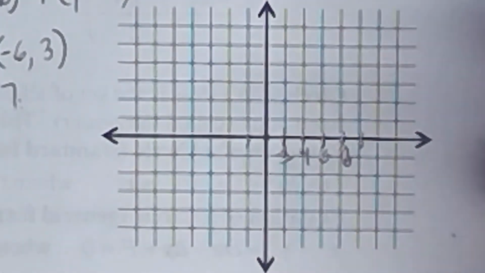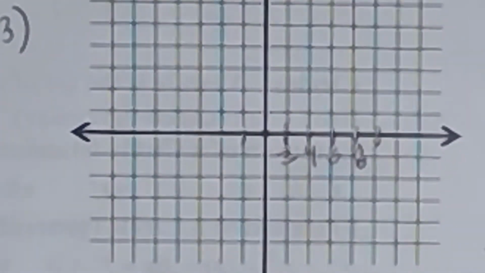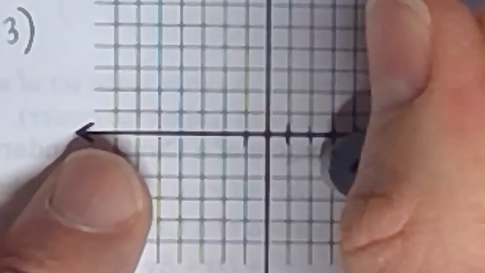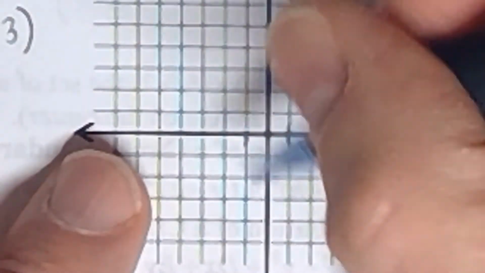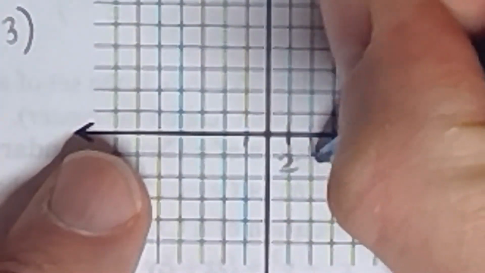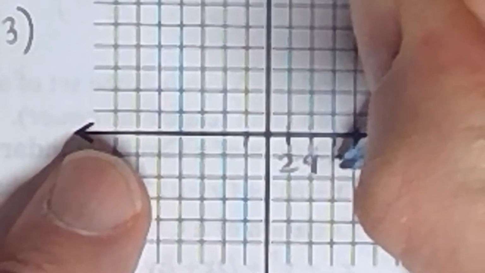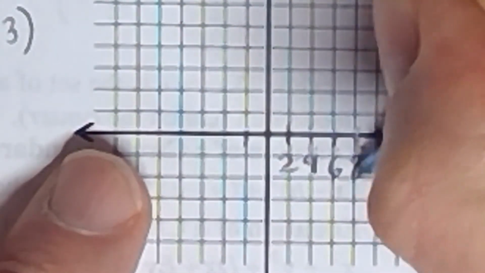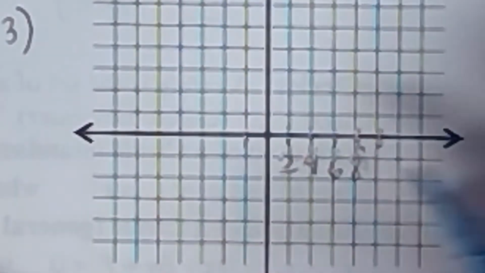Pardon me if that's not easy to see there. I apologize. Sometimes the pencil doesn't come out very well on the screen there. 2, 4, 6, 8. That's a little bit better. But that's what these are, 2, 4, 6, 8 each mark there.